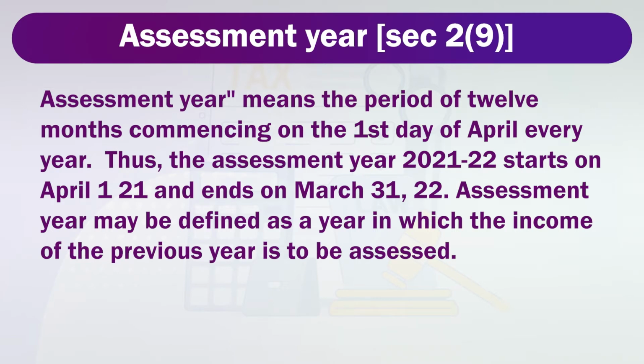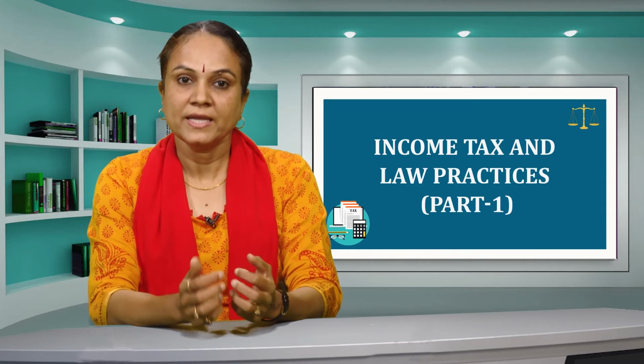Assessment year may be defined as a year in which the income of the previous year is to be assessed. During this period, income stated by the assessee to the Income Tax Department is assessed by the Income Tax Department to check the authenticity of the information of income.